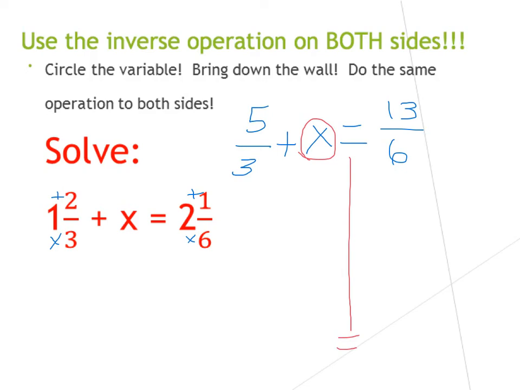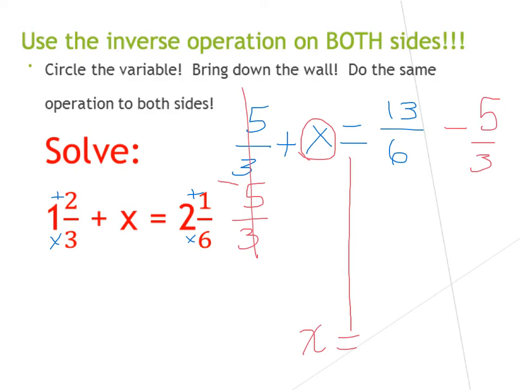So since it says to add, I'm going to subtract 5/3 on both sides. Again, I'm writing it right next to it because it's subtraction and it's easier in my brain to write it next to it. I know that 5/3 minus 5/3 cancels out and leaves me with x.